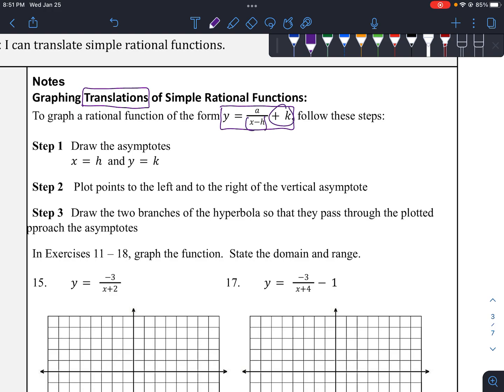This should look familiar to just about every other transformation of graphs that we've ever covered. If you remember quadratics, we had x minus h squared plus k. So if I had a quadratic that was x minus 2 squared plus 5, this was a shift to the right 2 and shift up 5. It's the same idea.